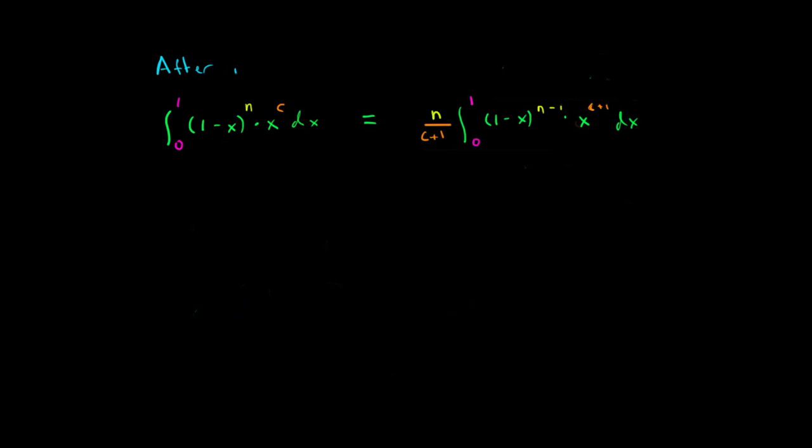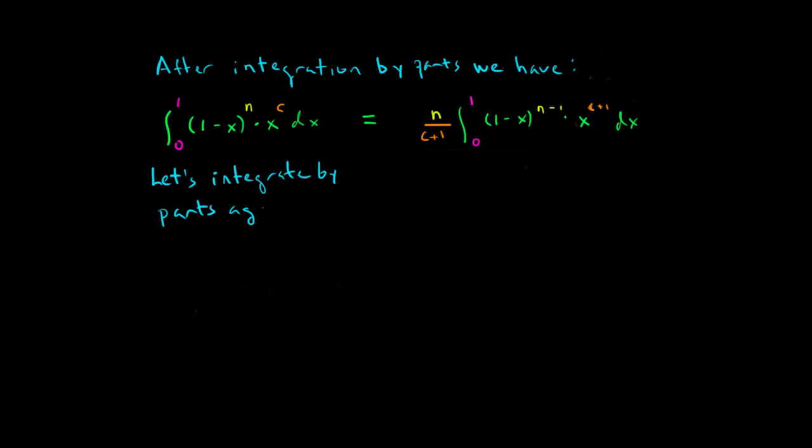Again, we found after one round of integration by parts that the integral on the left equals the expression on the right. Now this expression on the right can also be integrated by parts, right? We have the product of two functions of x there. So let's integrate by parts again. And here I'll skip some steps because it's a very similar process to before. We'll let u equal 1 minus x now to the n minus 1.